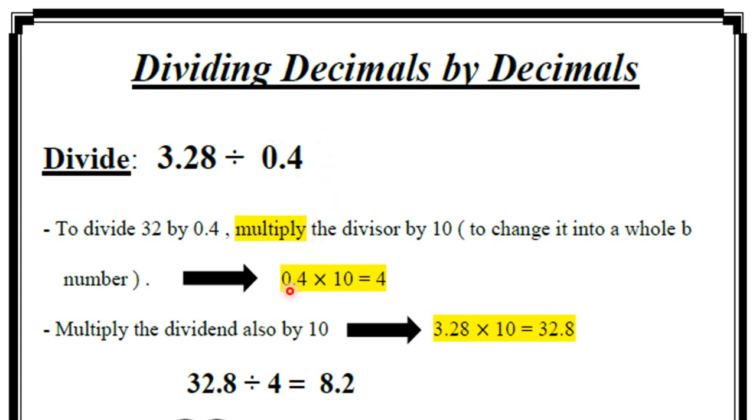So here 0.4, we have 1 decimal place, we will make it times 10. So it will be 4. And also we will multiply the dividend, which is 3.28, times the same number, which is 10. It will be 32.8. So the question will be 32.8 divided by 4. The answer will be 8.2.